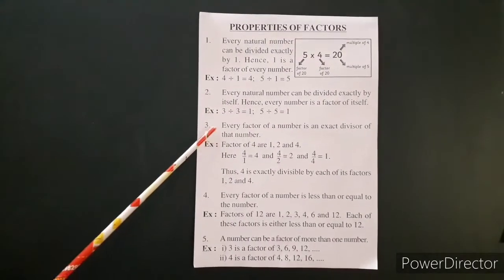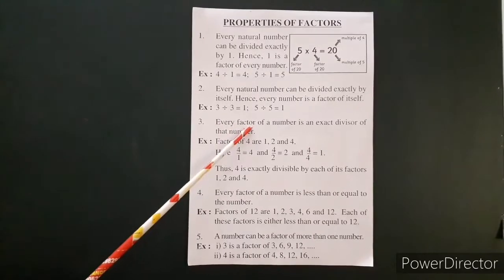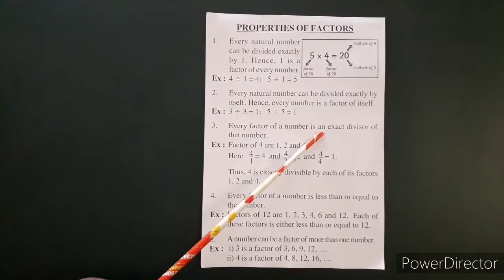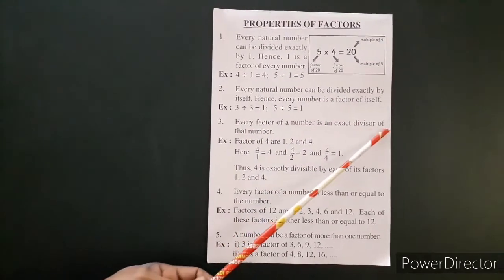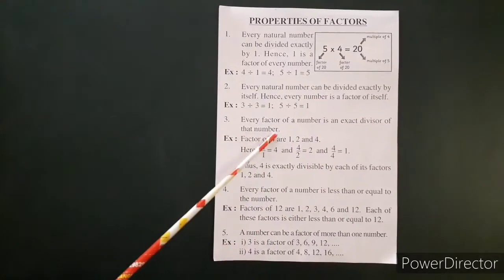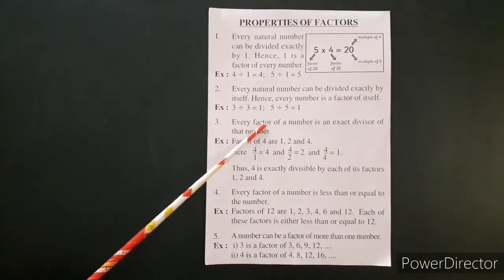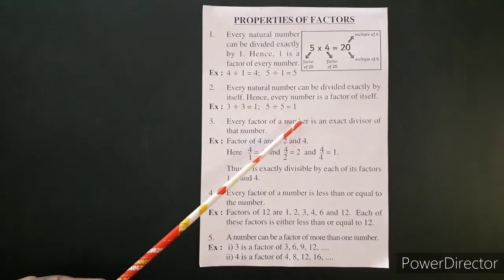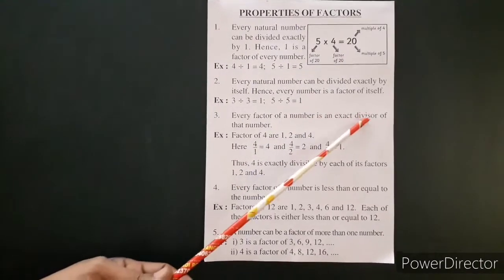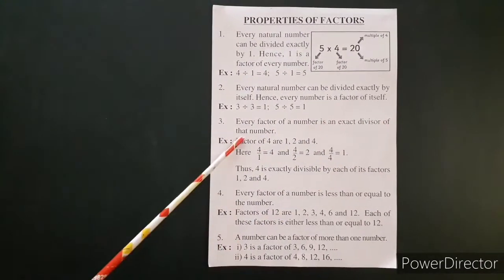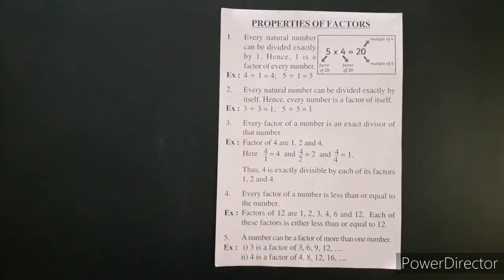The third property here: every factor of a number is an exact divisor of that number.